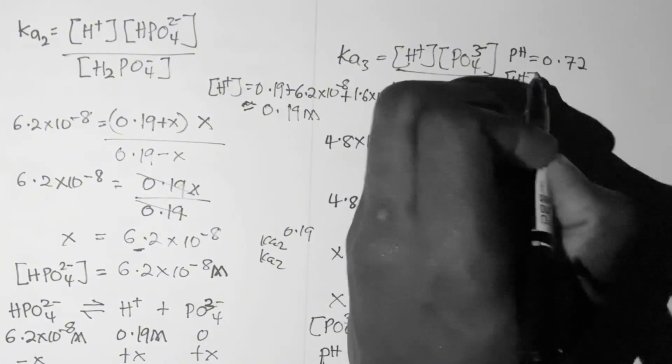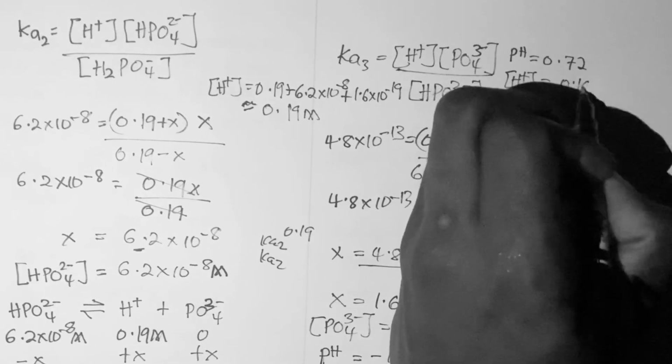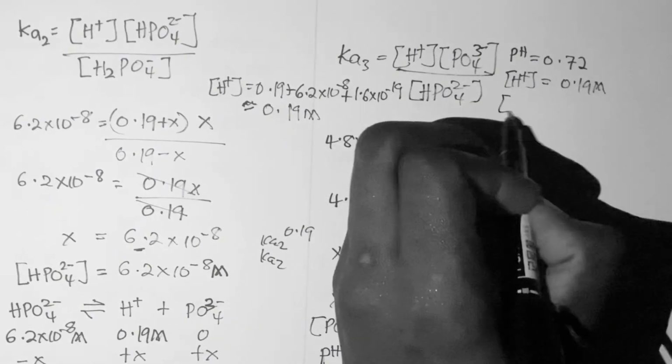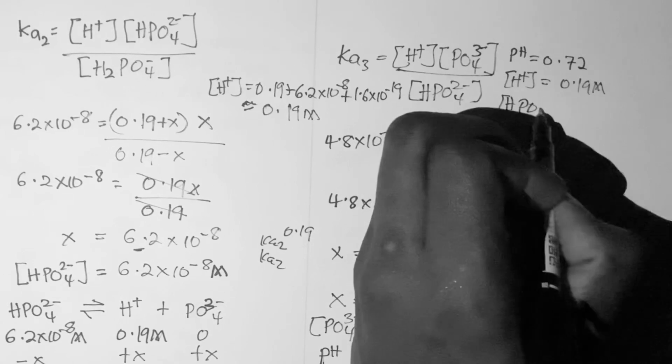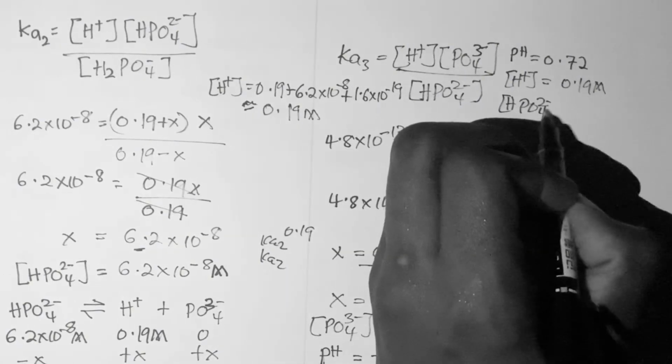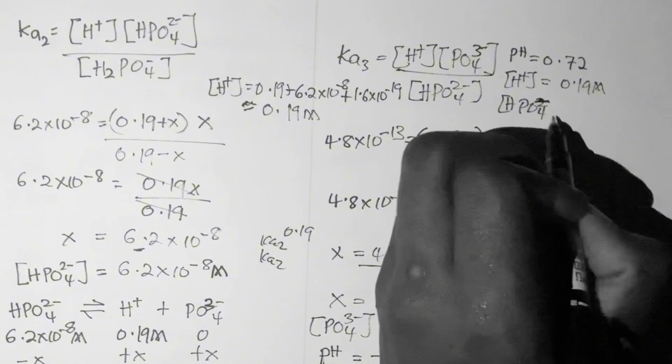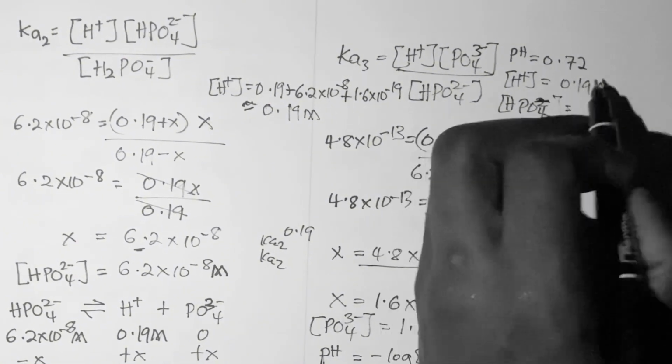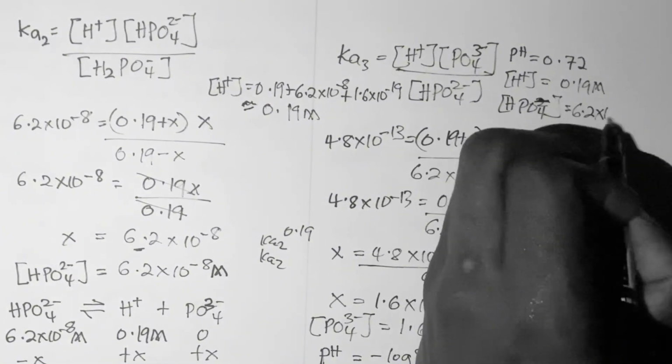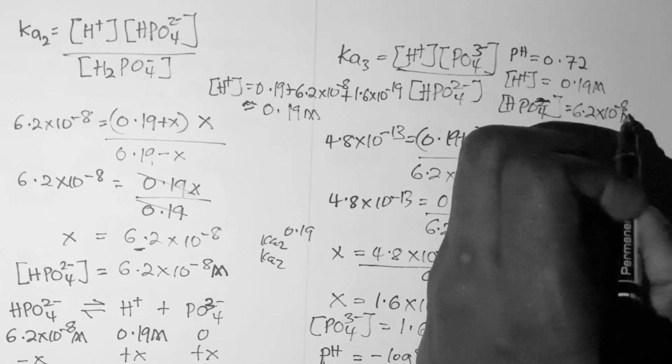So let's list all the ions that we got. We got the pH to be equal to 0.72. The concentration of the H plus ions equals 0.19 molar. The concentration of the HPO4 2 minus ions, we got that as equal to 6.2 times 10 exponent minus 8 molar.